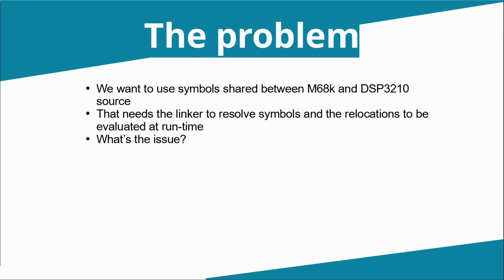We don't want to have to work out offsets into the DSP program and hard code them in, nor do we want to have to work out offsets into perhaps a data space on the CPU side and hard code those. We want to do that all in symbols because that's how we put together our programs for the 68000 in the first place. Well, if we're going to have symbols set up that are shared, we need the linker to be able to resolve those symbols, and we also need to be able to evaluate those relocations at runtime.